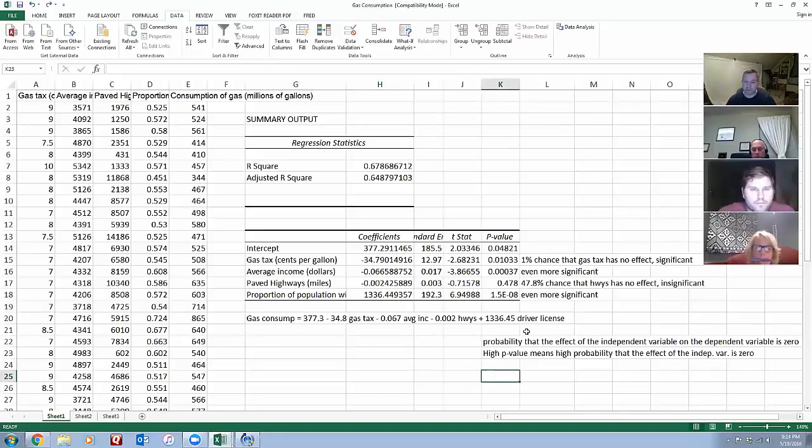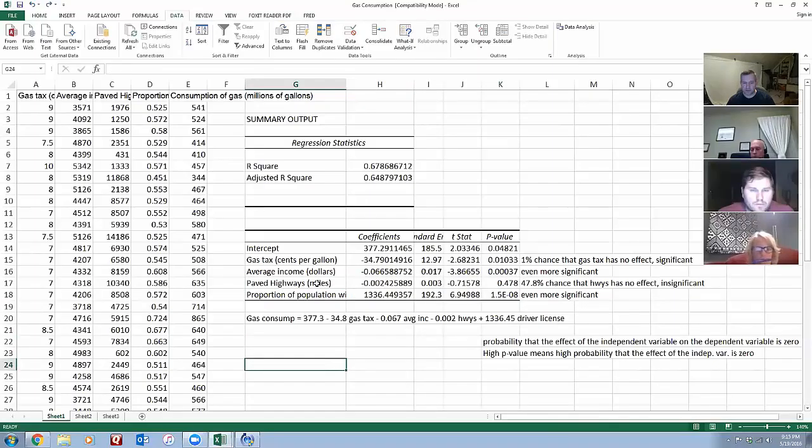So again, the individual t-statistics and p-values give you a sense of the effect individual independent variables have on the dependent variable. And so what some people might do is say, well, the paved highways ended up looking insignificant, so maybe I should run another regression and just not include that one. You could try that.